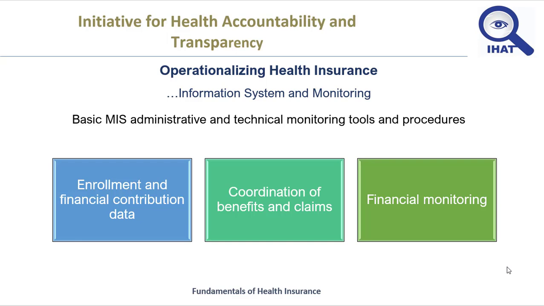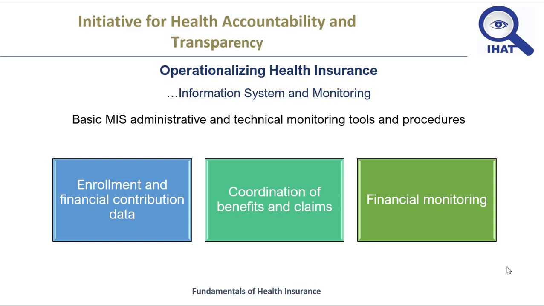Some basic monitoring tools and documents that are used in enrollment monitoring are as follows. Membership card, listing dates of coverage, up-to-date registers of members, up-to-date registers of premium payments, and renewal information.